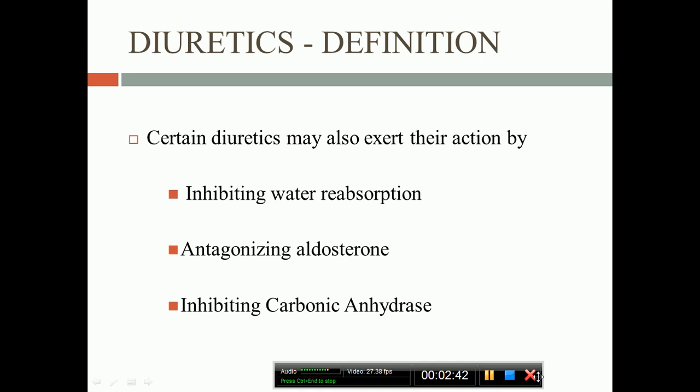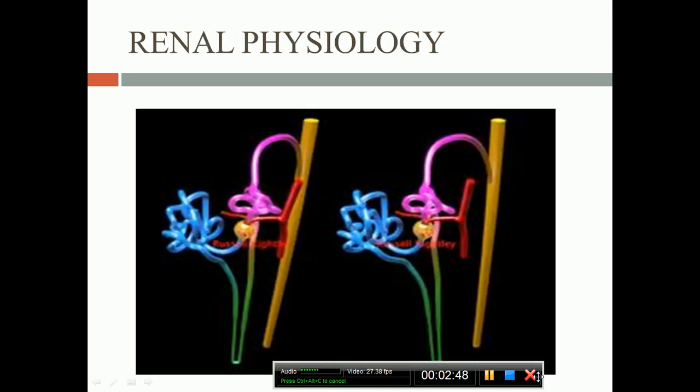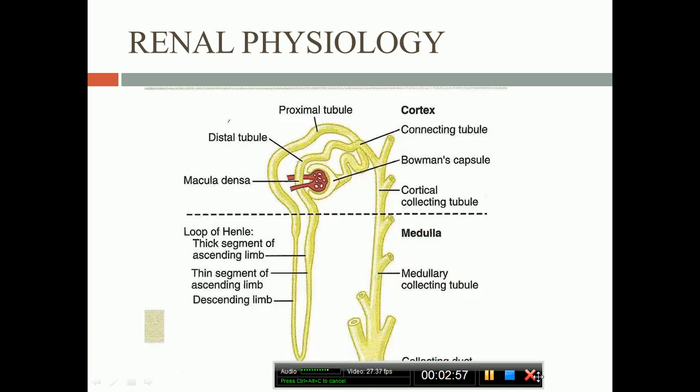As we will see further in the different classes, you'll come to know the mechanism of action of these diuretics. For a better understanding of diuretics, we must first recall the physiology.